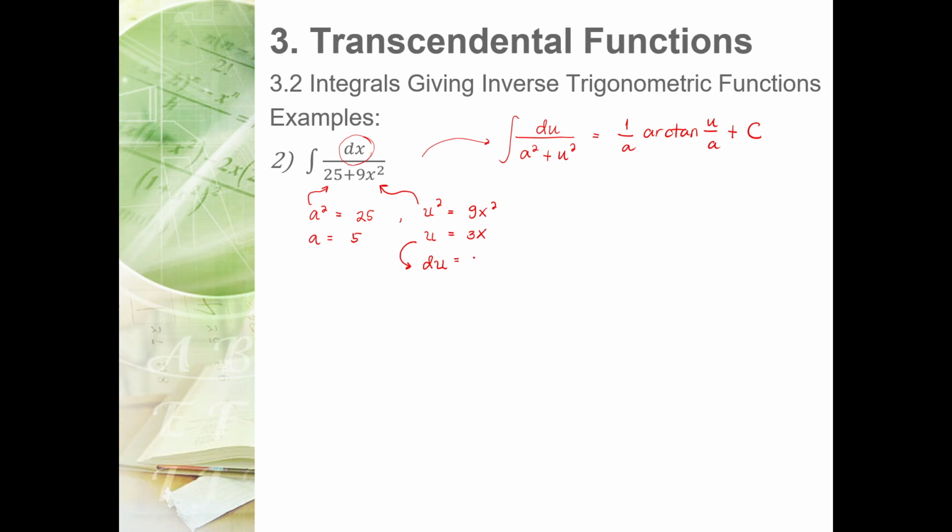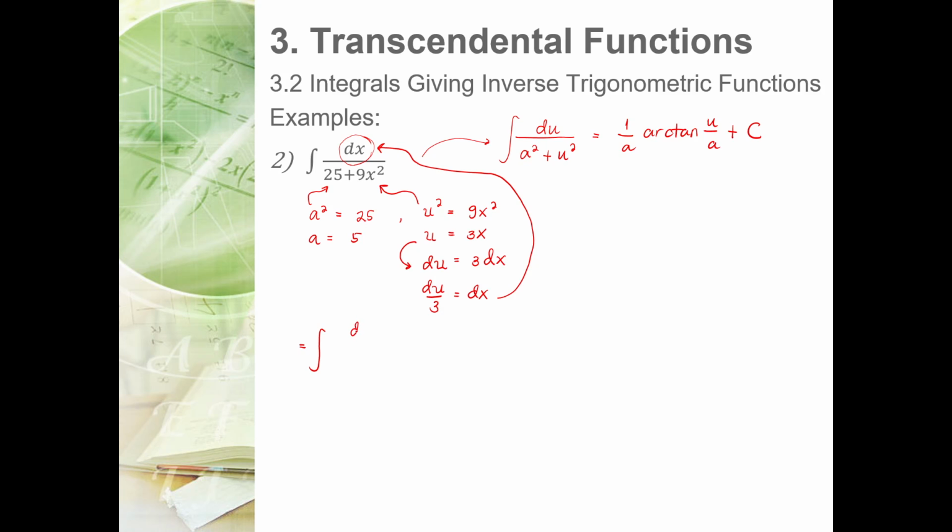So du is equal to 3 dx. Isolating dx, we have du over 3 is equal to dx. As you can see, we have now replaced every term in your equation. There's nothing left to be substituted in the equation.